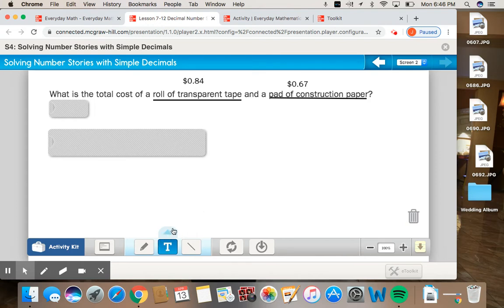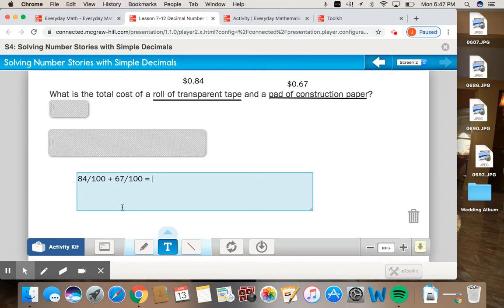So I'm going to set this up as fractions first. So I have 84 hundredths plus 67 hundredths.